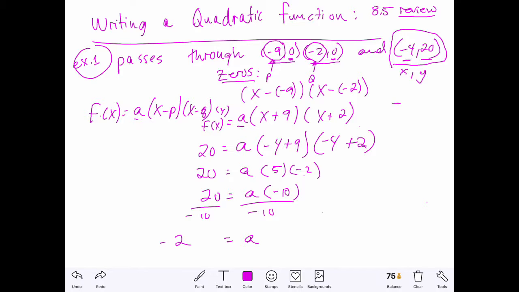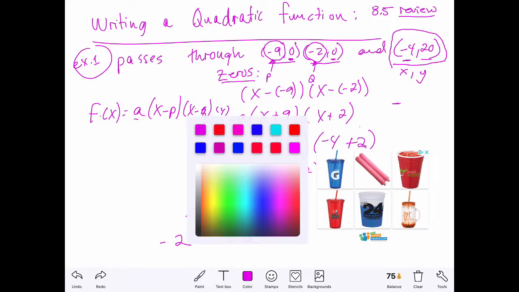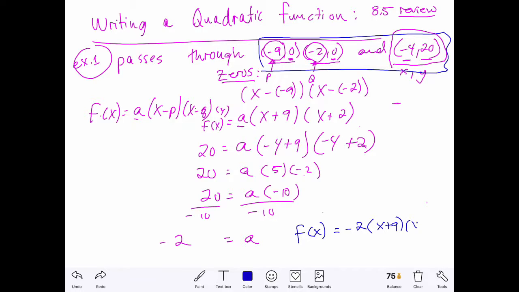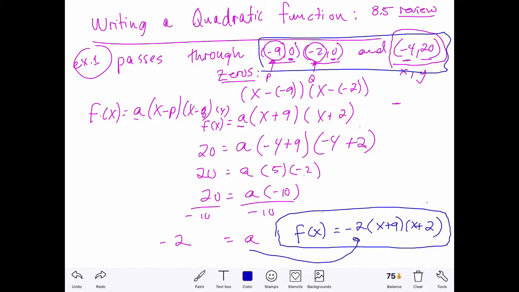Okay, so if I wanted to write now my full function that is represented by these qualities here that they gave me, then that's going to be -2 times (x plus 9) times (x plus 2). And we can leave it in this factored form, intercept form is fine. And notice we solved for the a coefficient -2, and that went right here in front.